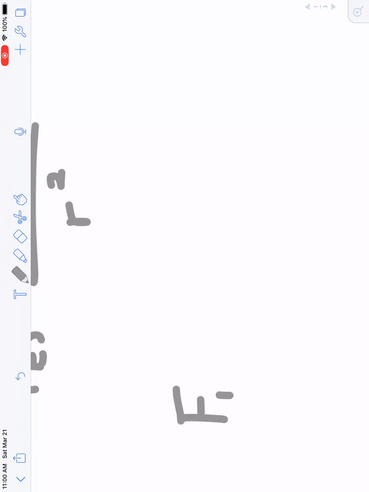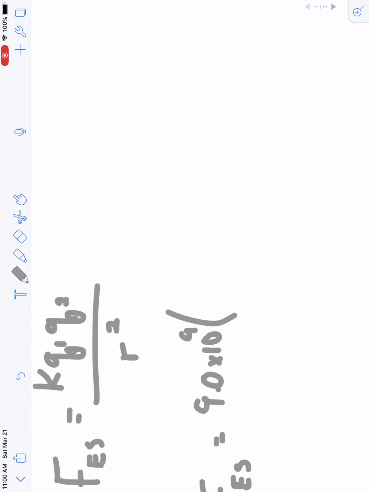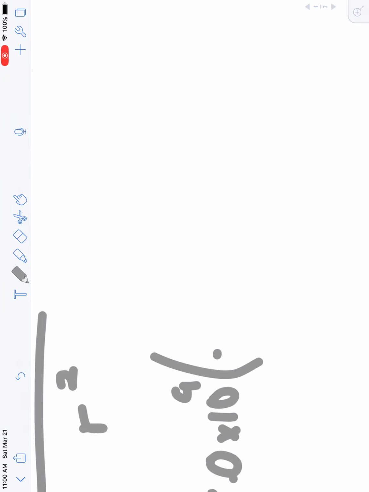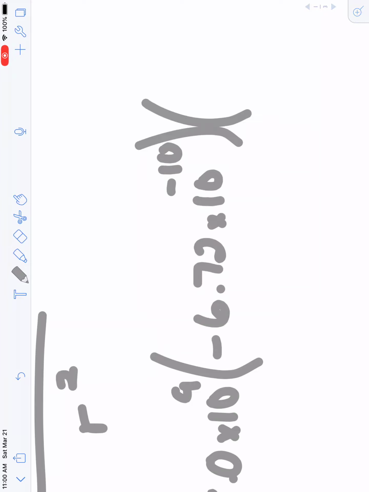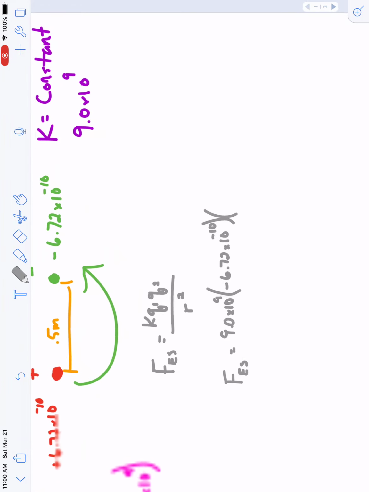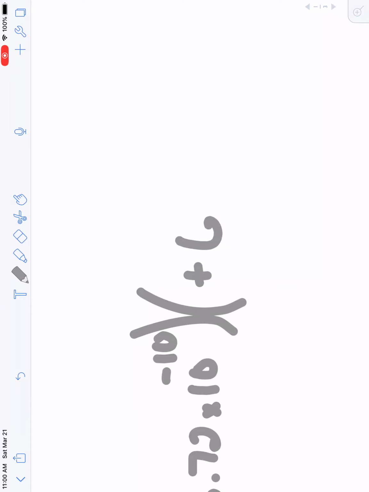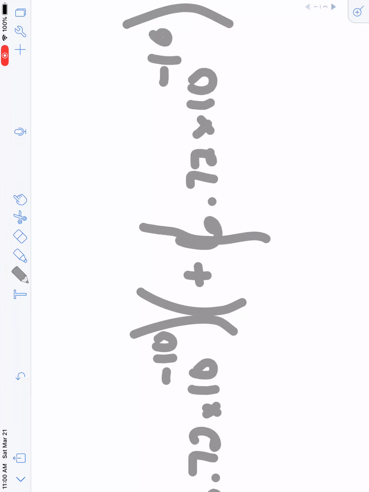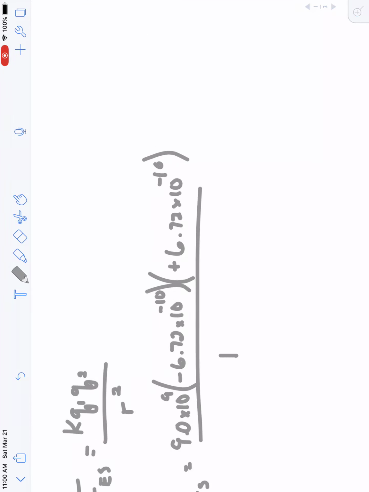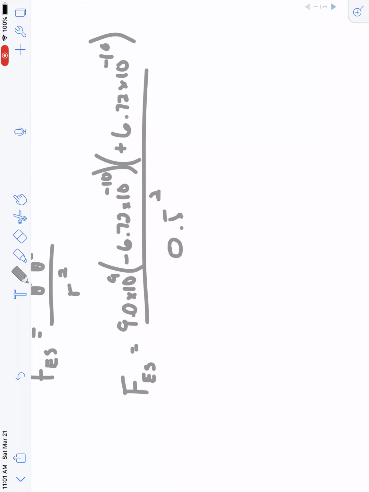Plug in our information now. 9.0 times 10 to the 9th, negative 6.72 times 10 to the minus 10th, and then positive 6.72 times 10 to the negative 10th. This is divided by, not r, but 0.5 squared. So there, now we have the electrostatic force.